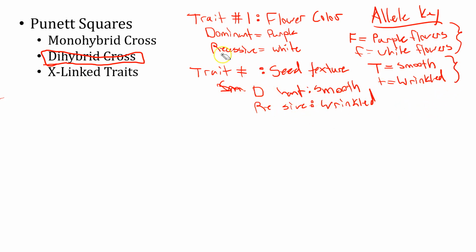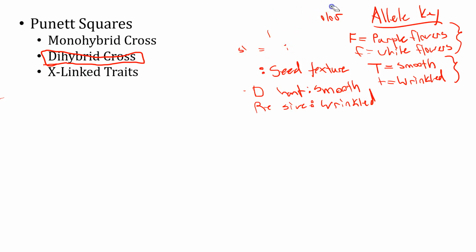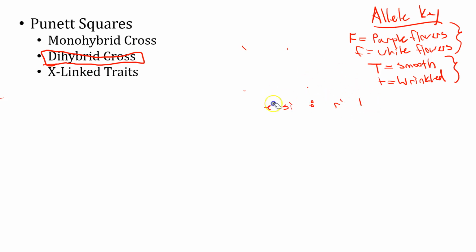Now let's see how this might play out in a Punnett square. Anytime a dihybrid cross is done, it requires a Punnett square that has 4 columns and 4 rows. So we'll go ahead and make that, and you'll hopefully see why in just a moment.